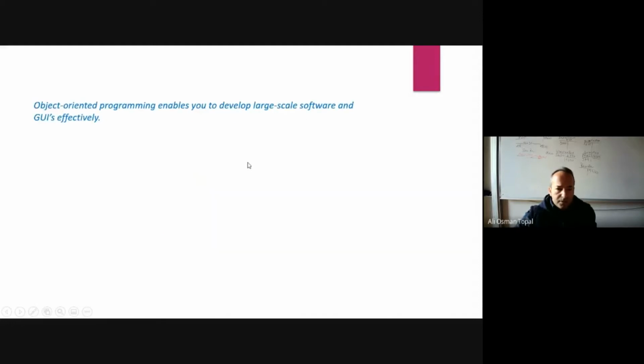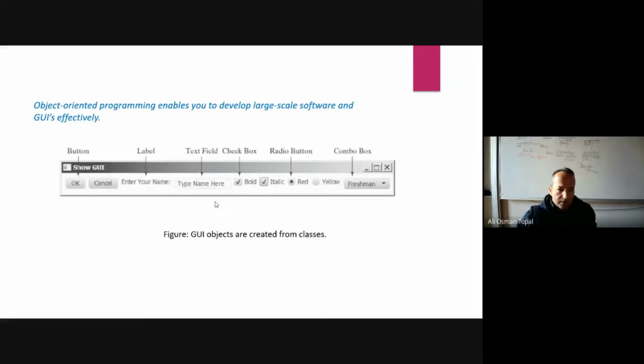Object-oriented programming enables you to develop large-scale software and GUIs effectively. You create a GUI, there are many elements there, and you have to use object-oriented programming, things will be much easier. Our ACE system, Epoch Interactive System, Student Staff Information System, it is fully object-oriented.